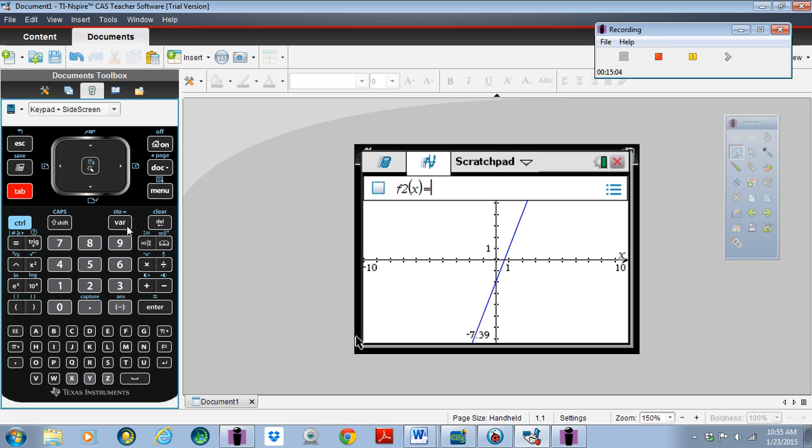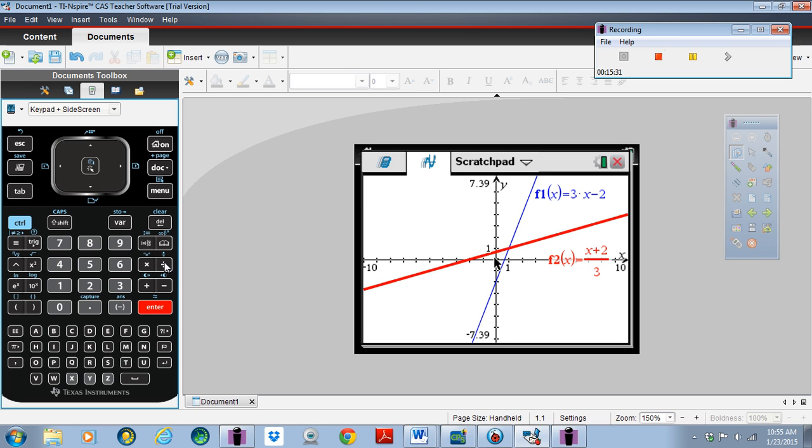And you enter, put x plus 2 in parentheses, then move outside of the parentheses to divide by 3. Any questions on how you're supposed to enter this? We're good? And we're going to enter it, and that's my graph.